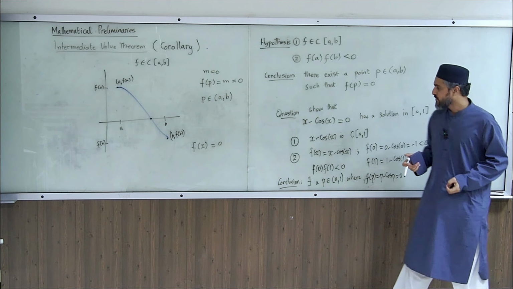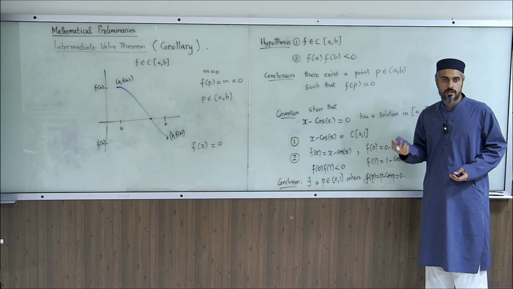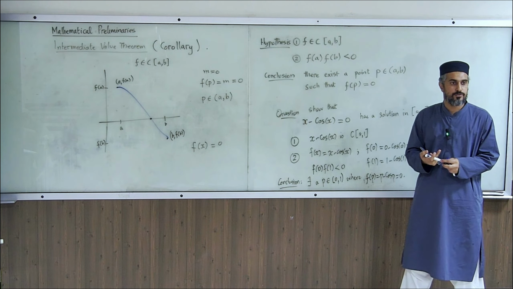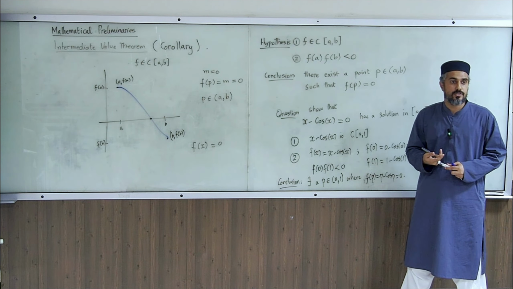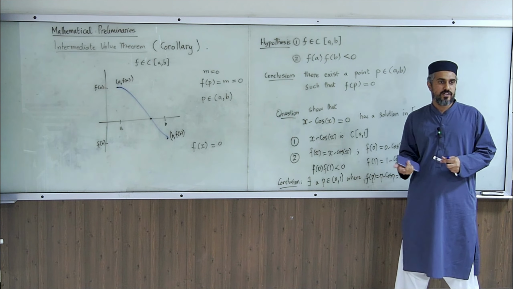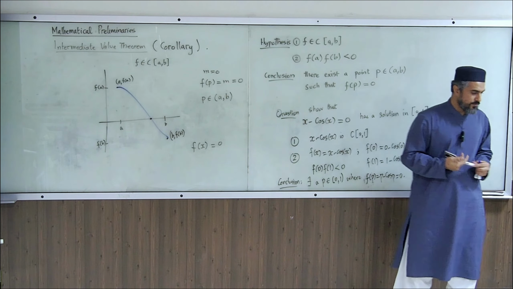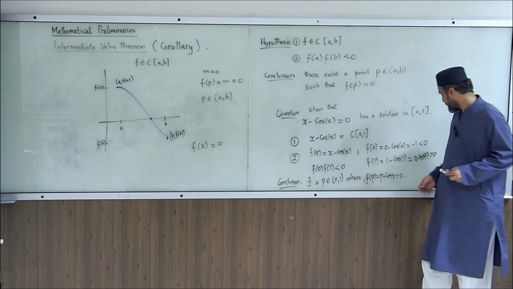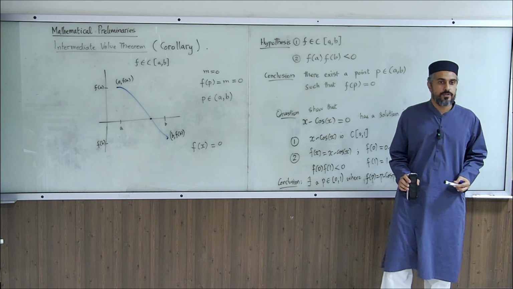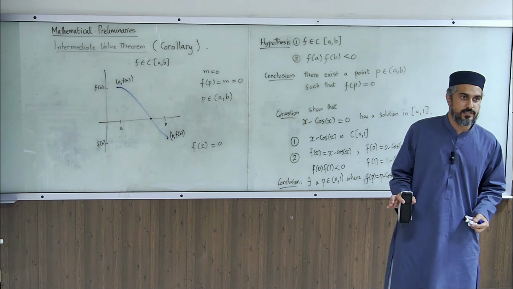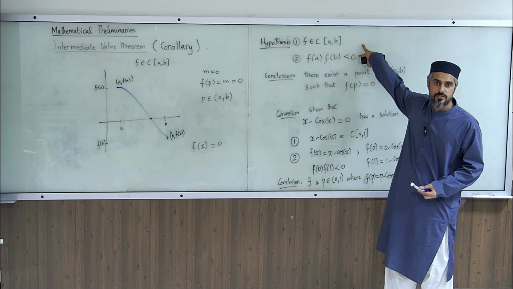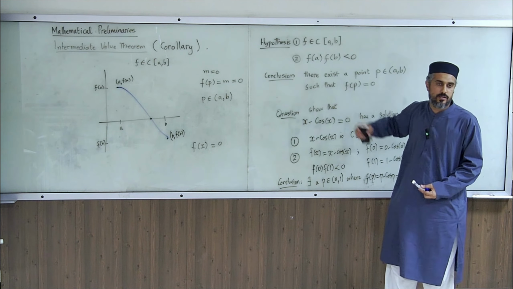This corollary of the intermediate value theorem, which you have learned in your calculus course, helps us in identifying a region of the solution of a one variable equation. It identifies the region where you need to look. So if a question asks you to show that the solution lies, you just need to check these two conditions. If these two conditions hold, then you can write the conclusion.